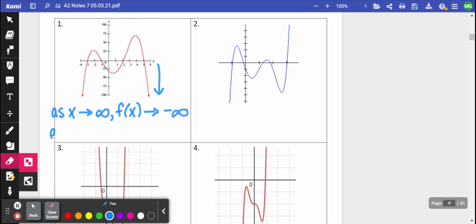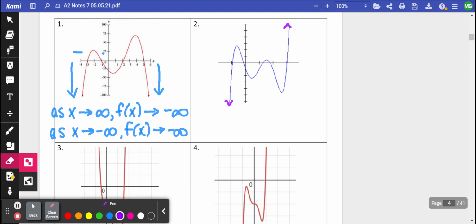And then we do again, and now we say as we go to the left on our graph, f of x goes to negative infinity. So we say as the x value goes to negative infinity, in other words, becomes smaller and smaller and smaller, it moves left, f of x also approaches negative infinity. I'm going to put little arrows on this. This graph doesn't have arrows.